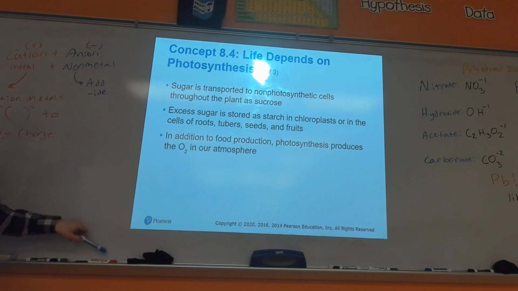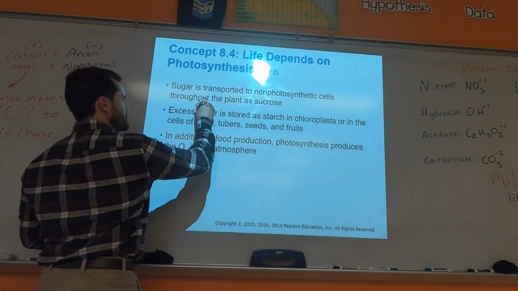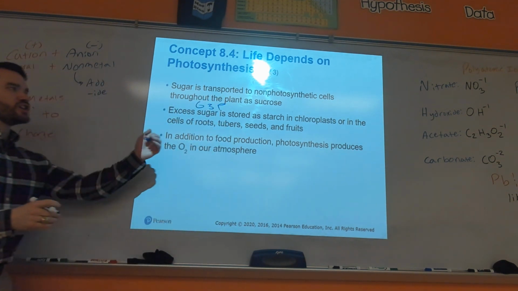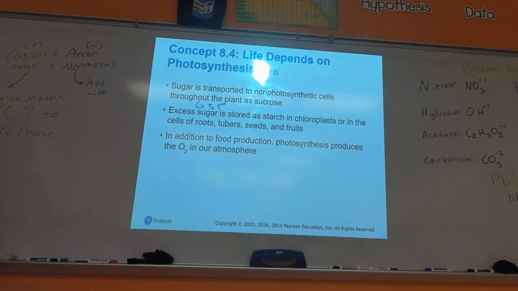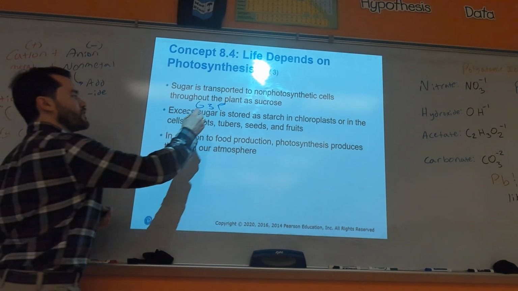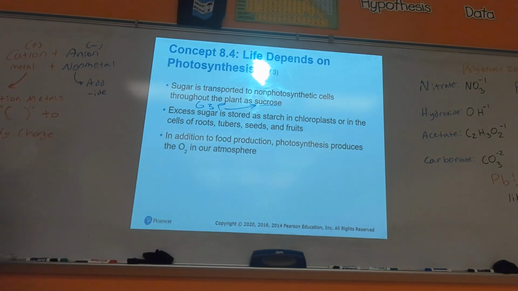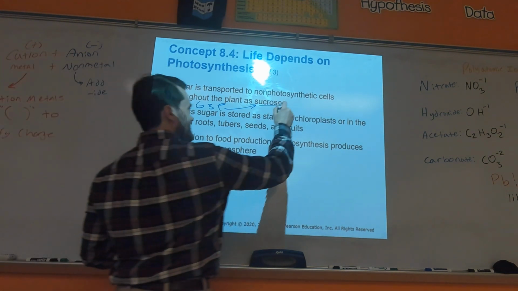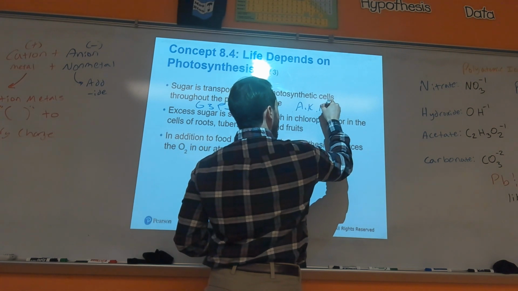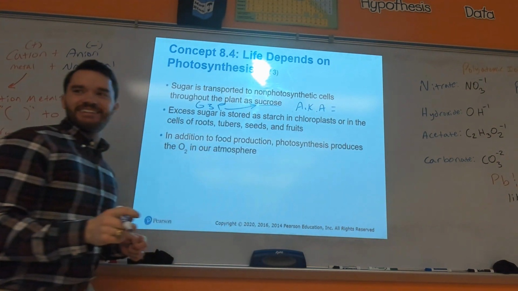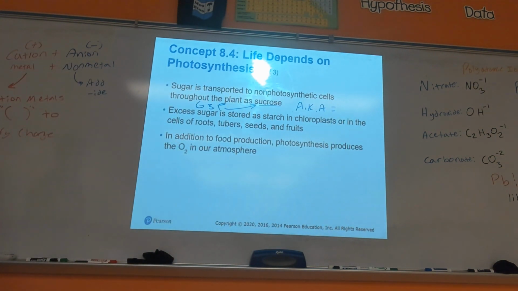Okay, this is important. The plant's going to take that G3P that it makes, and in order to transport it throughout the plant, it needs to convert it into a different kind of sugar called sucrose. Anybody know what sucrose is? Like sucrose, aka what? It's starch.